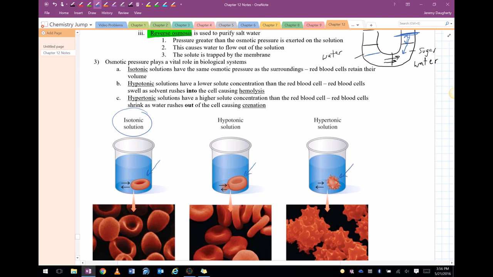We have a hypotonic solution where the concentration of the solution is less on the inside, and then we have a hypertonic solution, which now has a higher solute concentration than the red blood cell. And so what happens is water moves in and out of the red blood cell dependent upon the concentration of the solution. Okay?